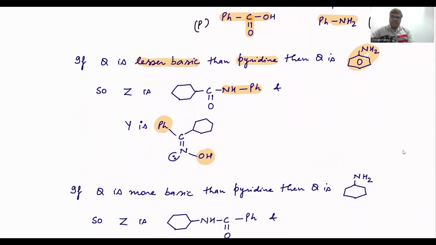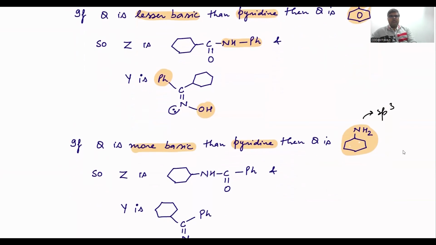And now in the second half, it's given that Q is more basic than pyridine. If Q is more basic than pyridine, then it will be an aliphatic amine, because you know all aliphatic amines are more basic, since here nitrogen will be sp3 hybridized, whereas in pyridine it will be sp2 hybridized. So more s character means less basic.